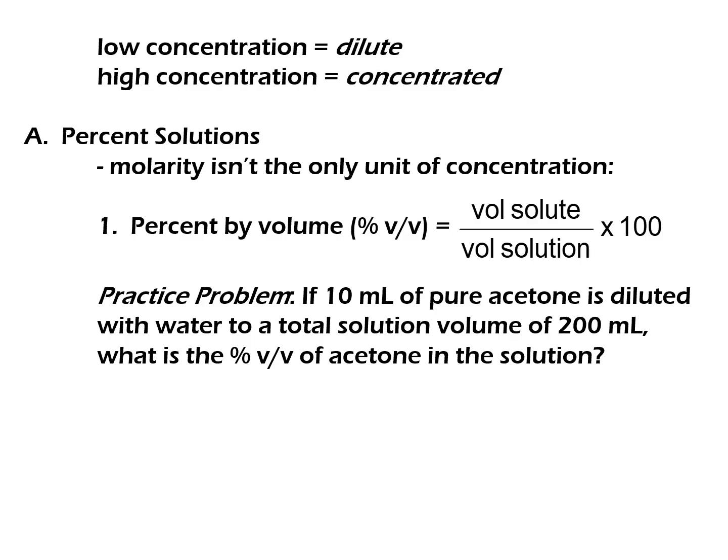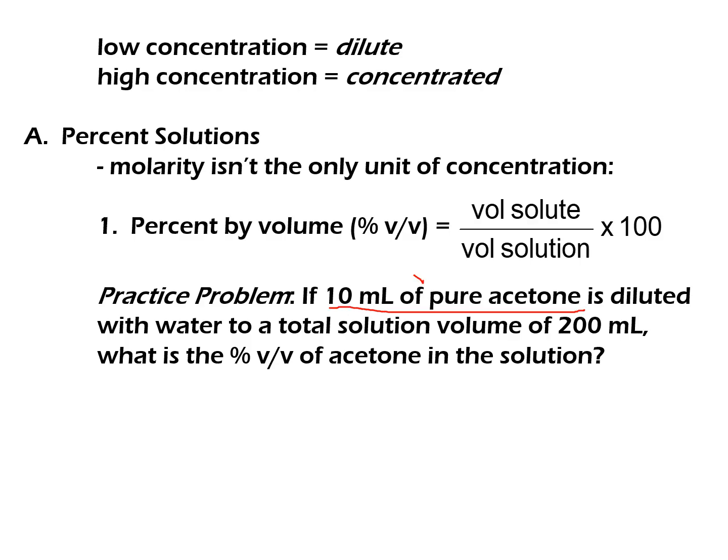We see that they're taking acetone and dissolving it in water. So acetone must be the solute, water must be the solvent. They gave us the volume of the solute. They said that it's 10 milliliters of pure acetone.